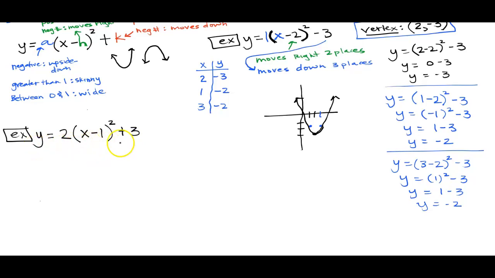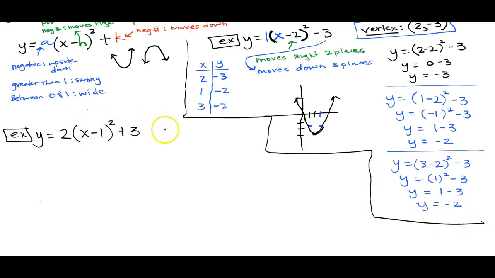Looking at this, what would our vertex be? It's the opposite of the things inside of the parentheses, right? So it's 1, 3. Yep, 1, 3 is our vertex.